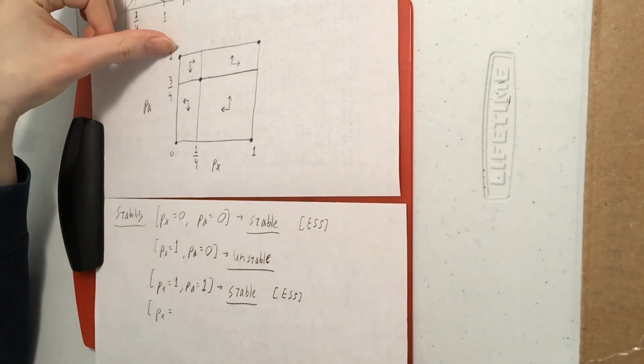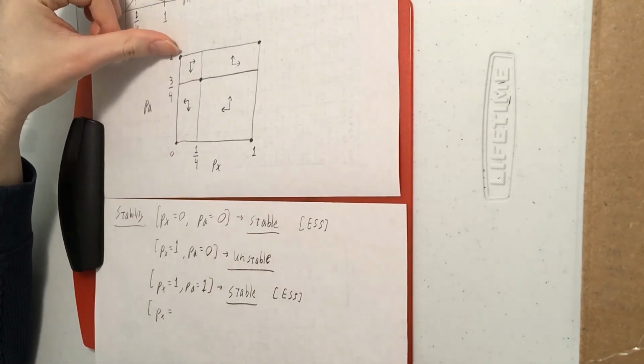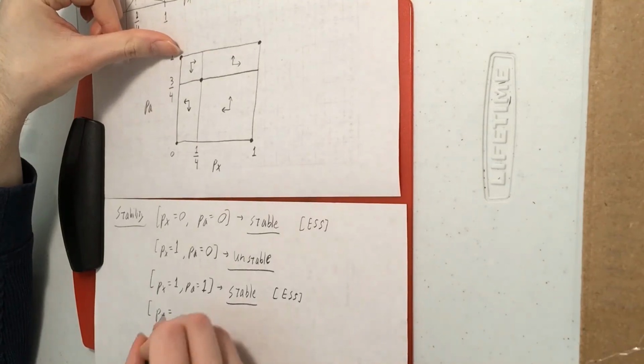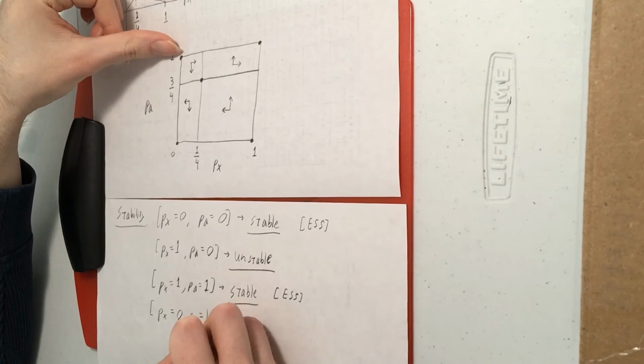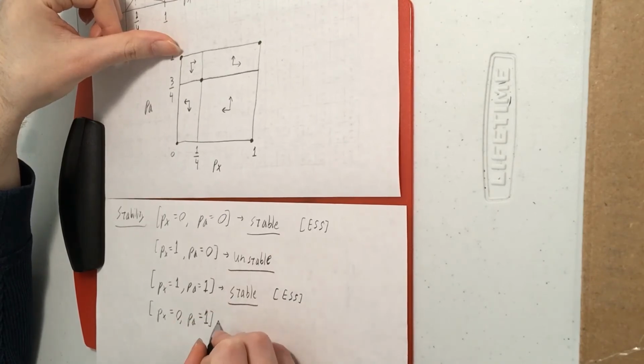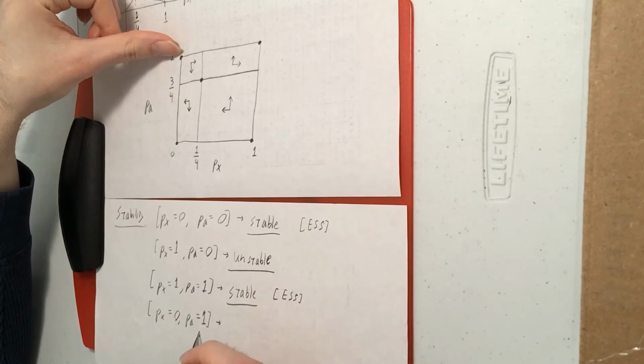So another monomorphism is, what if we have PX being 0 and PA being 1? So we're up here.